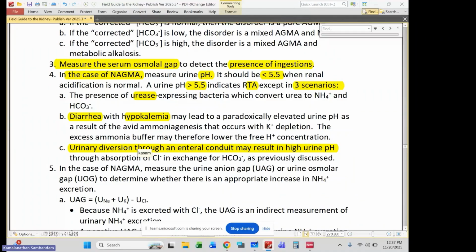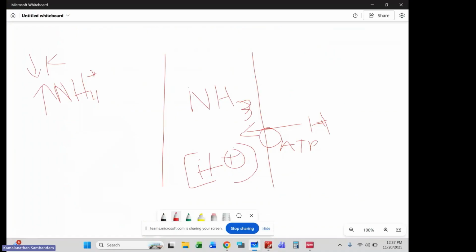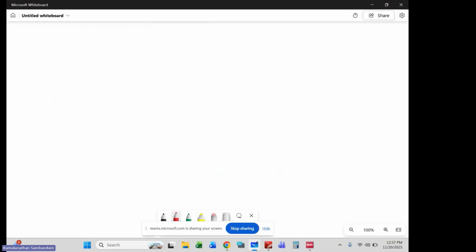The problem, as we previously discussed, is that my kidney did its job. If they had a PCN, if they had urinary diversion and you put a PCN in this patient, you would check the pH and the pH would be 5.5.